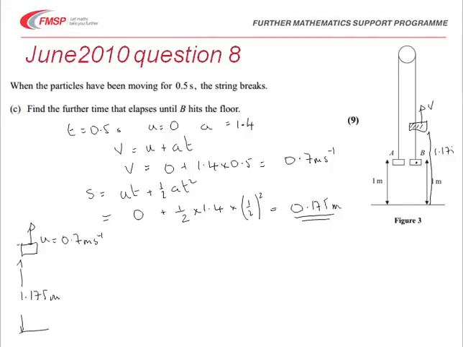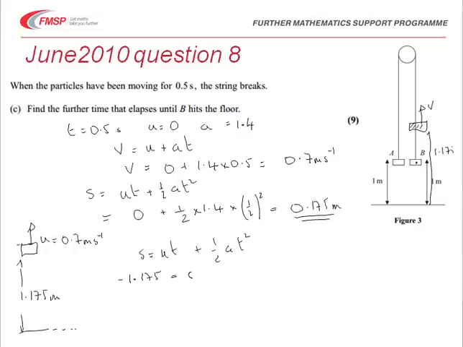We want to find the time that it takes to reach the ground. So in other words, using s equals ut plus 1/2 at squared, we know that the final value for s will be negative 1.175.